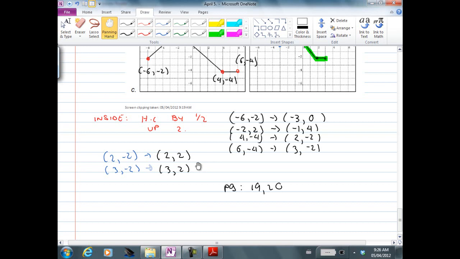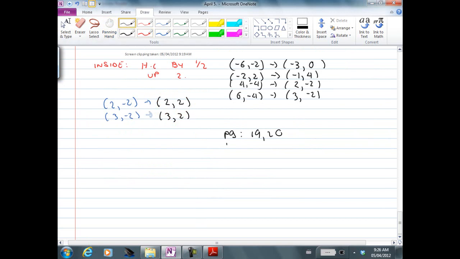Page 15 to 17, and that is extra practice on SRT. You should be masters of this by the time we get back. 15 to 17. This is actually a review of SRT. If you're weak on it, work on this.